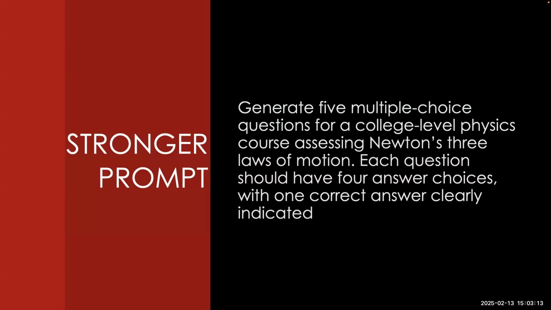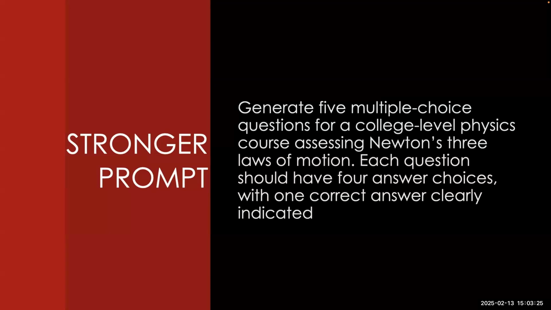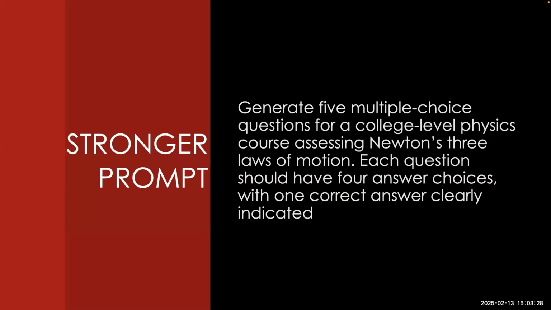Be specific: for a college level physics course, again, giving it that context, letting it know kind of what students are, what they're working with. You can even go as far as to say they're strong readers, weak readers, what they've struggled with, like the trends, anything you can give it to help it match patterns better. Each question should have four answer choices with one correct answer clearly indicated.